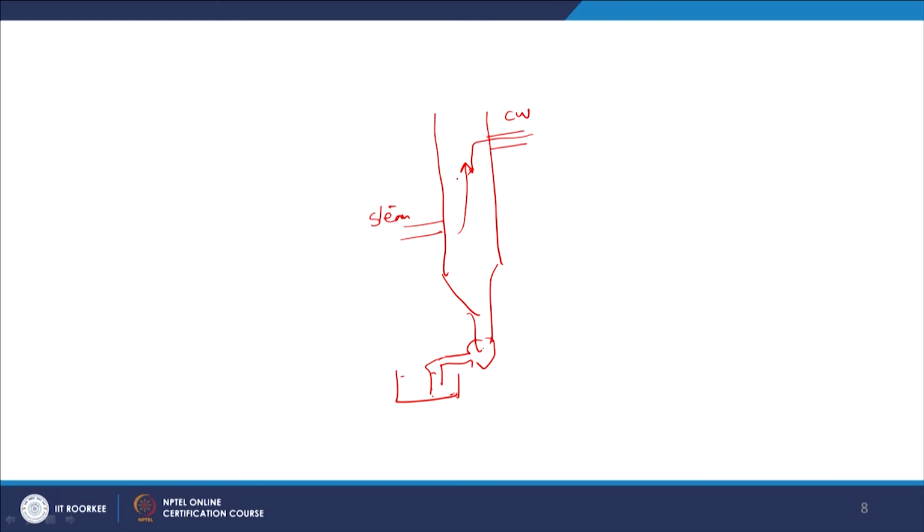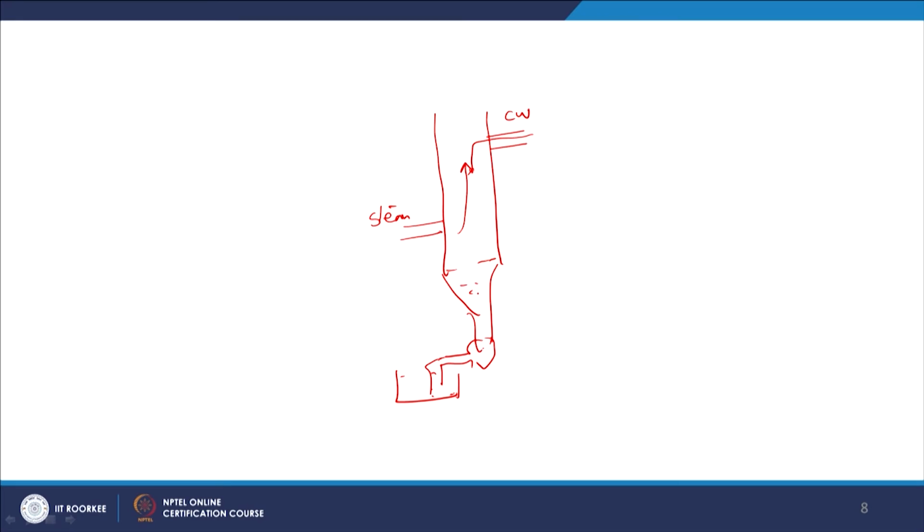So, mixing takes place, and because the cooling water thermal capacity is quite high, the latent heat of the steam is taken away and it gets condensed and accumulated at the bottom of the jet condenser, and subsequently it is pumped to the hot well for further use, right.